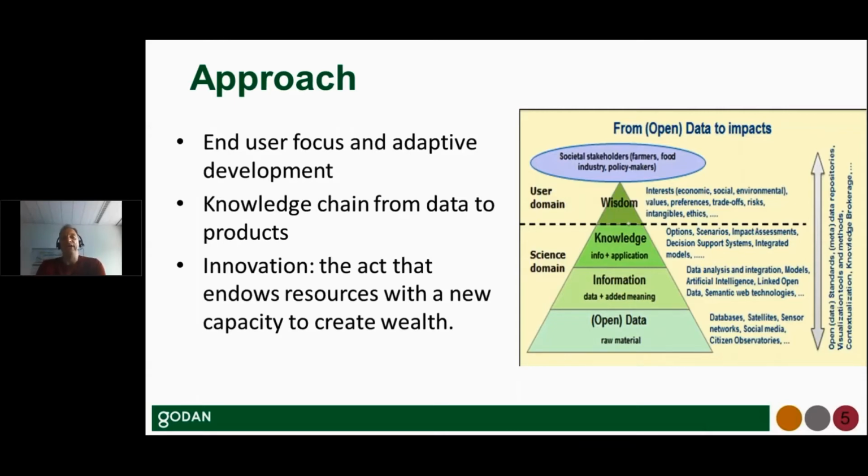And essentially, the endpoint is, of course, the user domain, where end users like policy and decision makers, or in some cases, end user information intermediaries, all kinds of stakeholders are going to use this knowledge somehow to create something, to do business with, to make regulations, to do policy. So that's actually the endpoint of our knowledge chain.